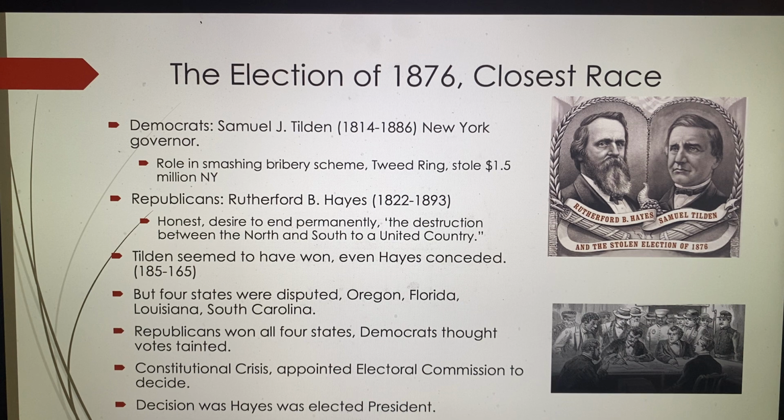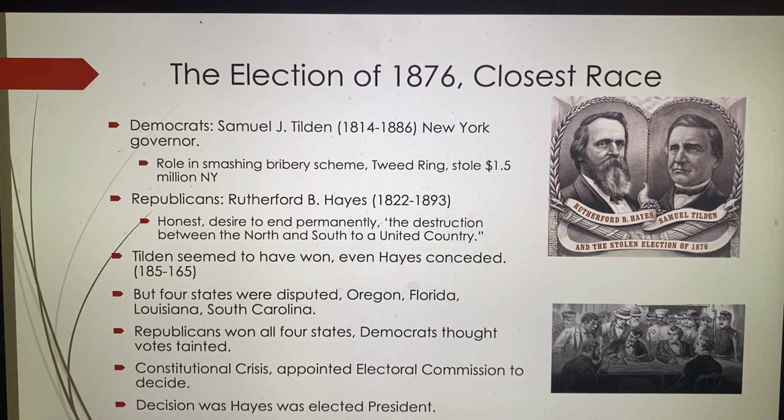They appointed an electoral commission to decide. There were equal Democrats and equal Republicans, and there was one independent who decided not to do the job, so they got a Republican to replace him. During this replacement, the decision was made that Hayes would be elected president. So it was a very confusing election.